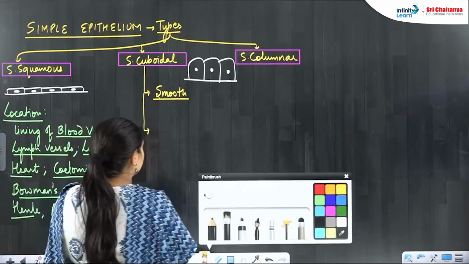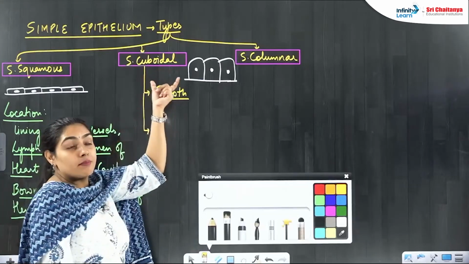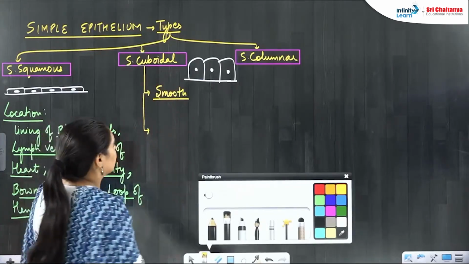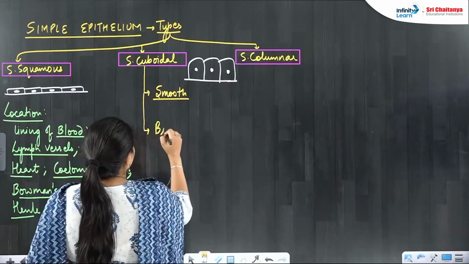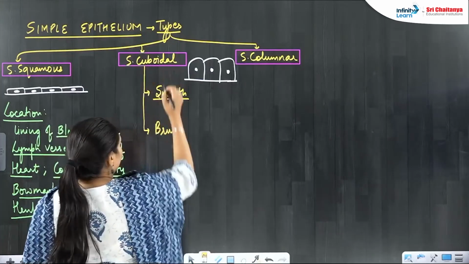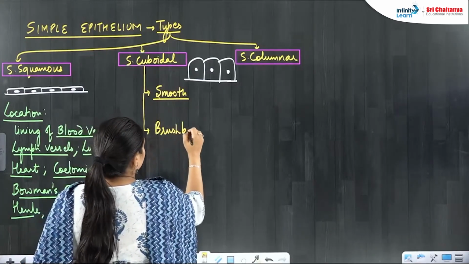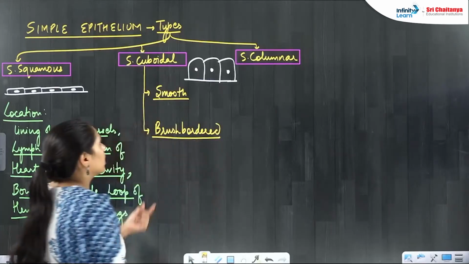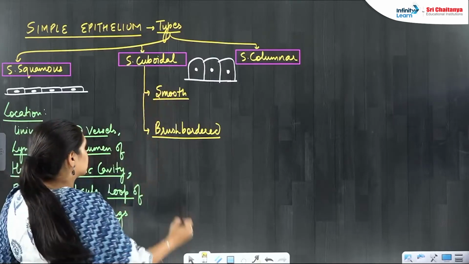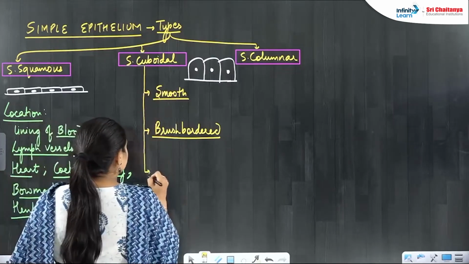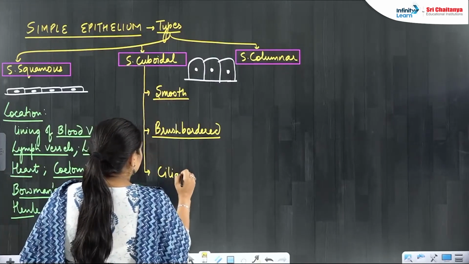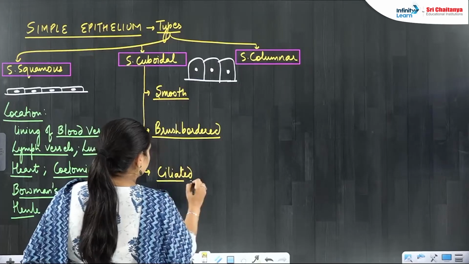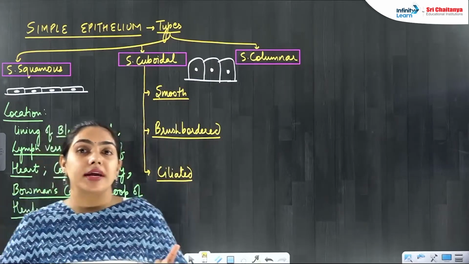Can we tell where microvilli is present? It is brush bordered cuboidal. In the brush bordered cuboidal, microvilli will be present. And then another is ciliated cuboidal epithelium.